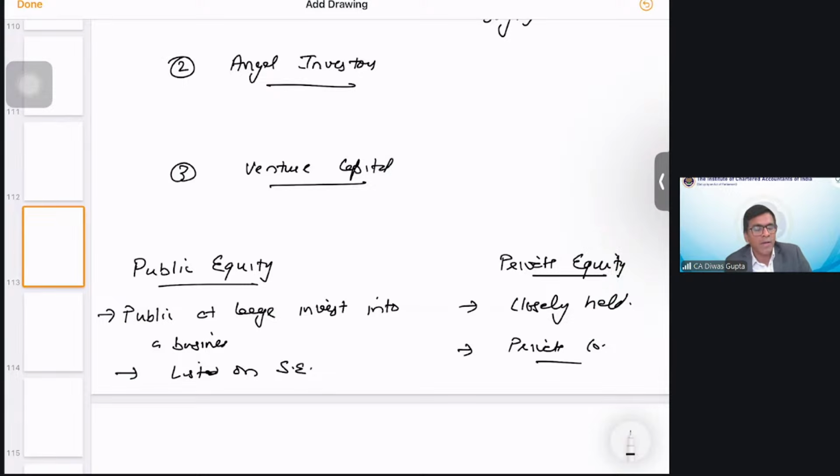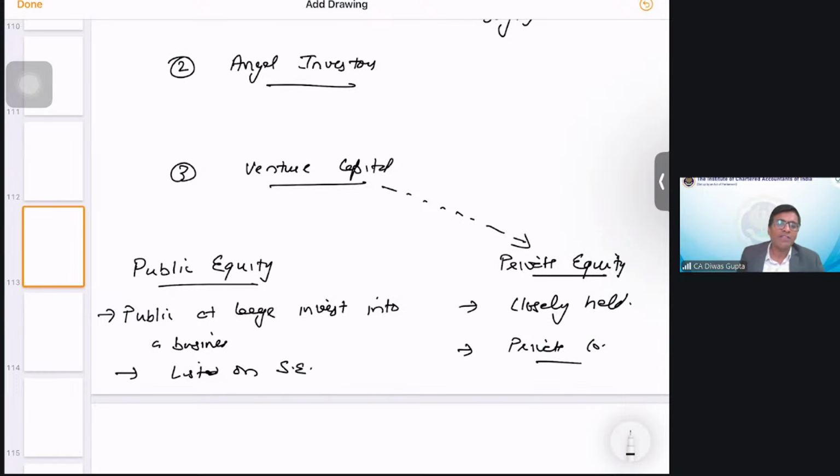It can be a higher amount of equity as well, but it will be closely held, and it's a private company. This is called private equity. Now, venture capital is a form of private equity.